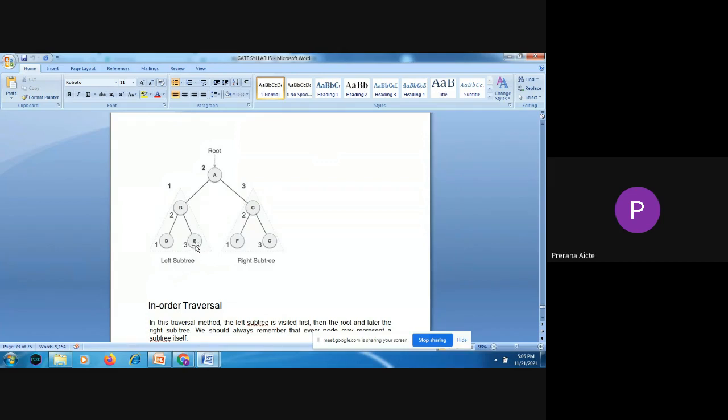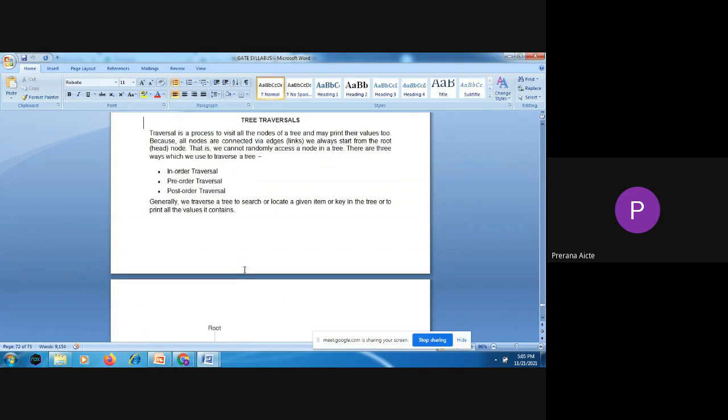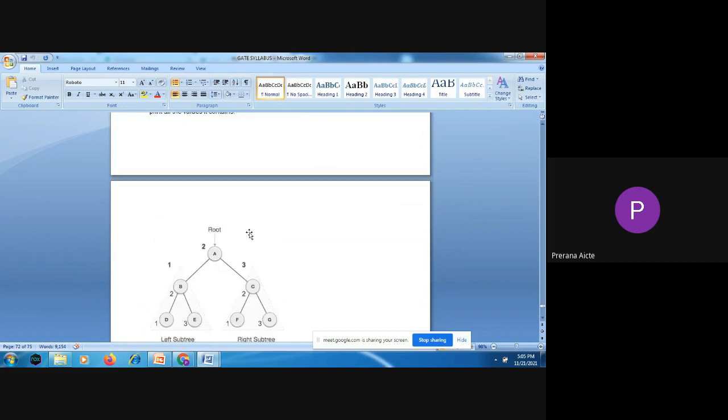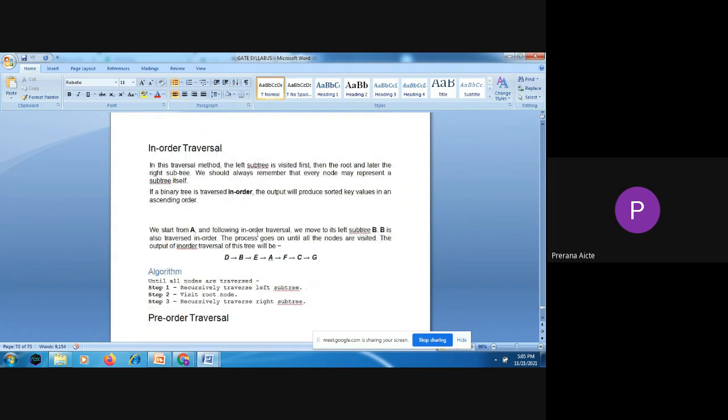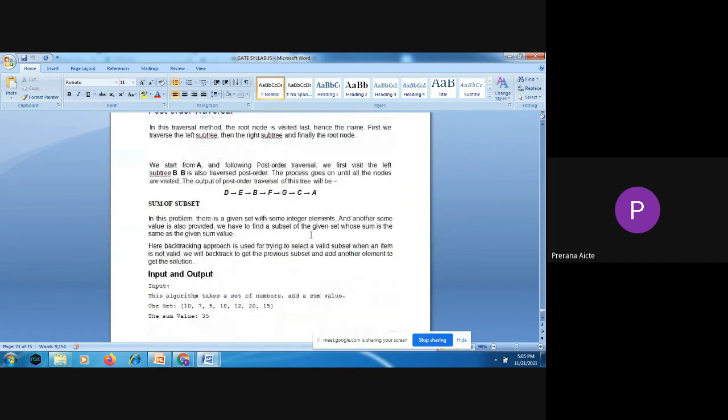No left, so root E. So we visit E. Like that you apply that convention at each node. In-order means left root right, pre-order means root left right, post-order means left right root. So follow that convention. By following that you will get the traversal of that particular tree.